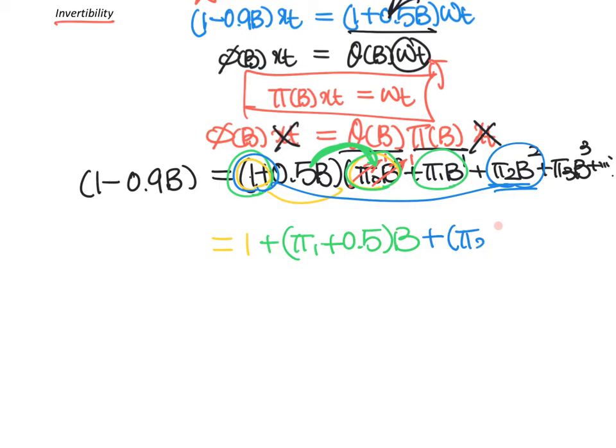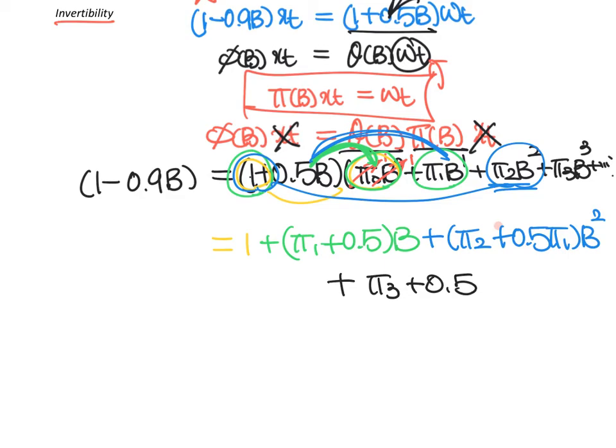So here's pi 2, and between these two, it's plus 0.5 pi 1 B squared. And I can expect the next one will be pi 3 plus 0.5 pi 2, with power 3. It's forever. So now we can cancel out this 1 and 1.